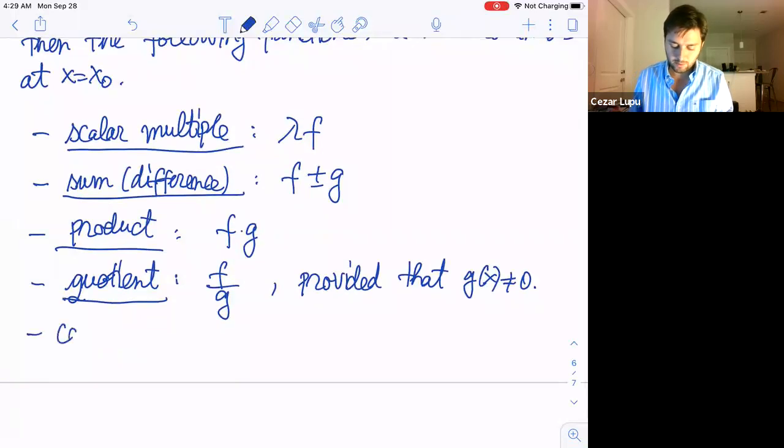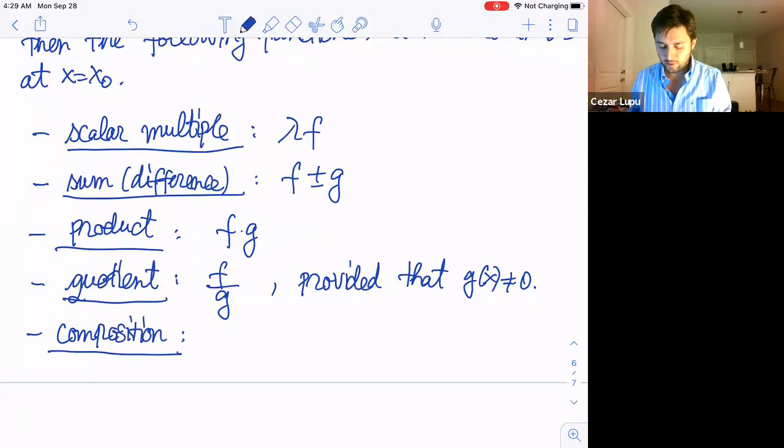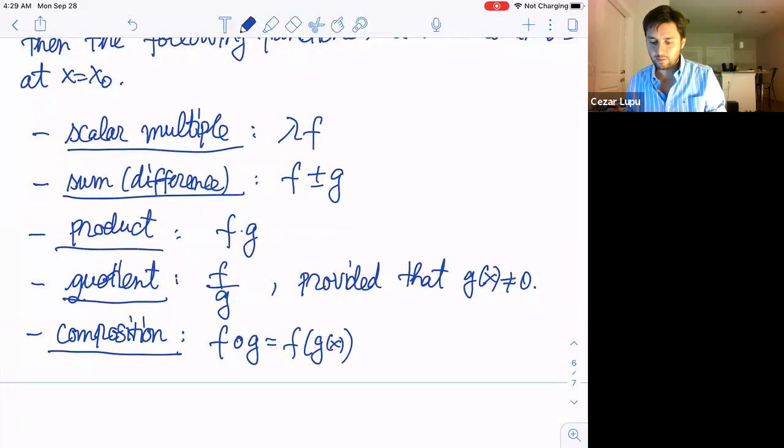And we also have the composition, which is f circ g, or if you want, f composed with g of x, right?